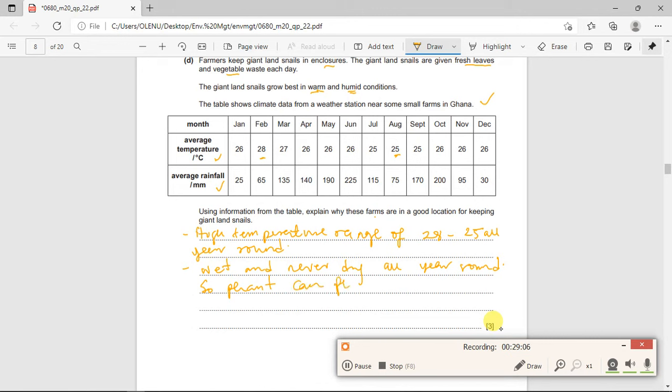Plants can photosynthesize regularly to make food for snail. That's all.